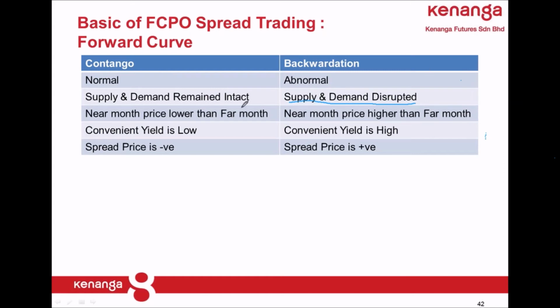Under contango, there is no supply and demand disruption. Everything remains intact, with no drastic decrease in production, inventory, or even on the demand side. In contango, you will see price spreads normally trading at negative. In a backwardation situation, the spread trades at positive, which is what we are currently experiencing.